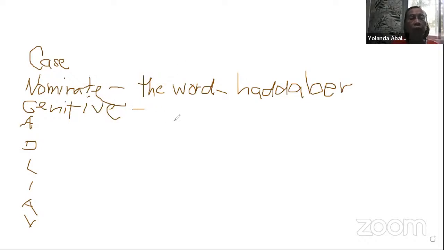Ito yung of. So, of. Ito yung sinasabi sa ating aralin ngayong case. Genitive. And then kasunod dito is what we call ablative.